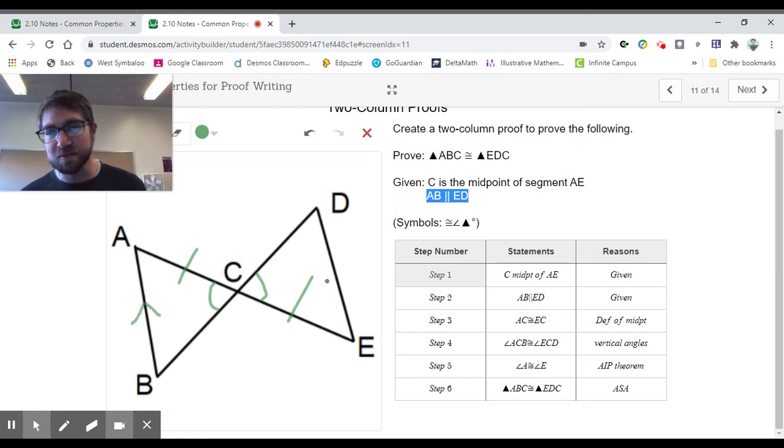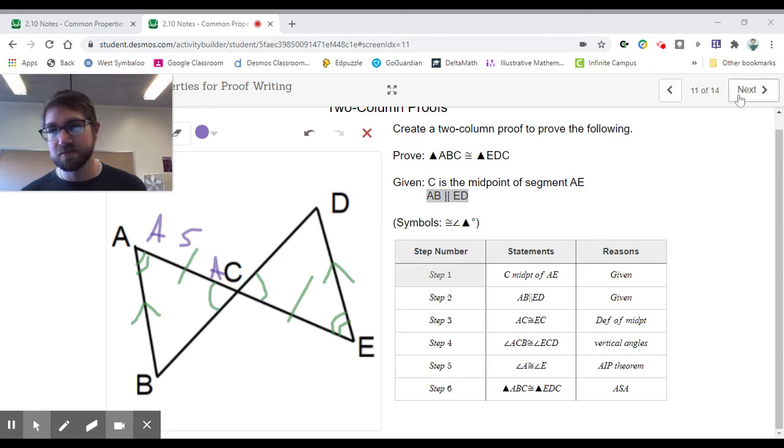That's these segments right here. And I said parallel lines lead to alternate interior angles. And so I will mark angle A is congruent to angle E by the AIP theorem. Alternate interior angles formed by parallel lines are congruent. And so at the end, we can say that these two triangles are congruent as a whole because they have the matching parts, angle, side, angle.